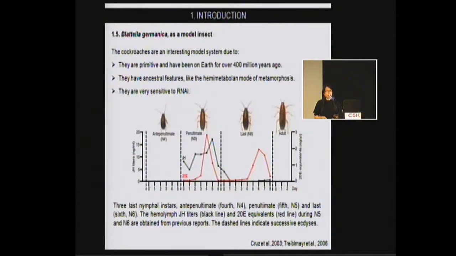And also in our lab, we use RNA interference experiments to test many hypotheses, and this insect is very sensitive to RNAi. And here are the last three nymphal instars that I used: the antepenultimate, the penultimate, and the last nymphal instar, or N6. And here you will see the change of the juvenile hormone during the penultimate and the last nymphal instar.